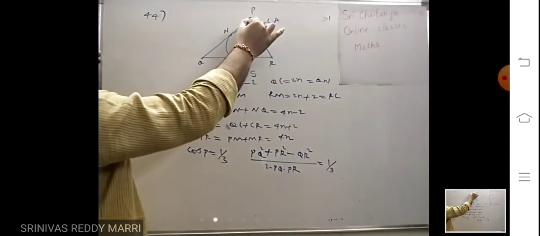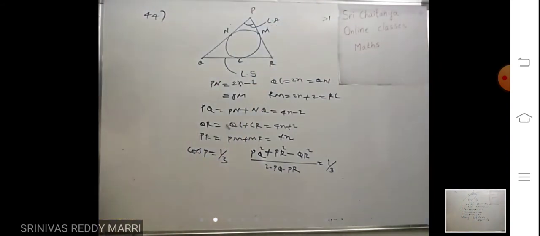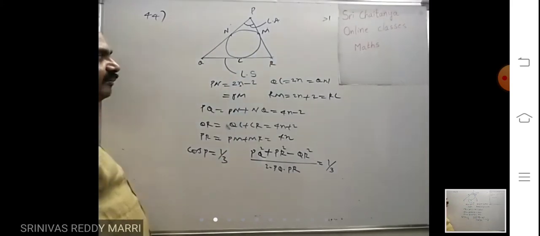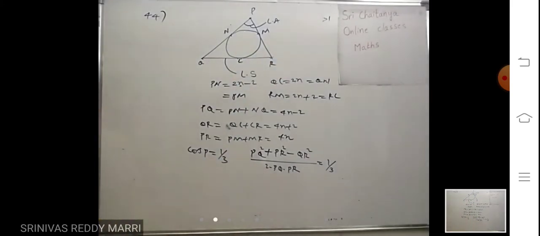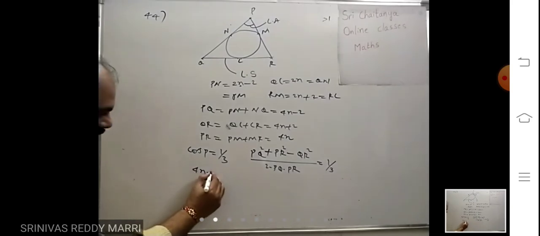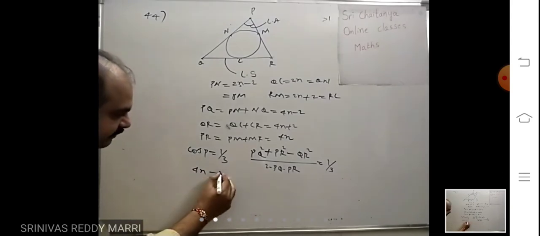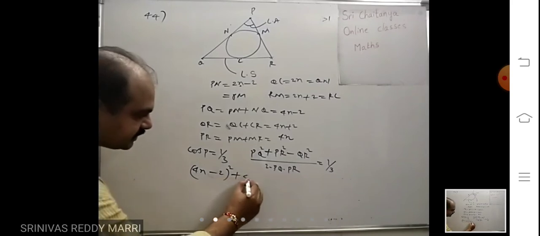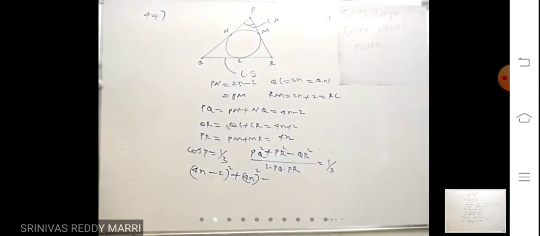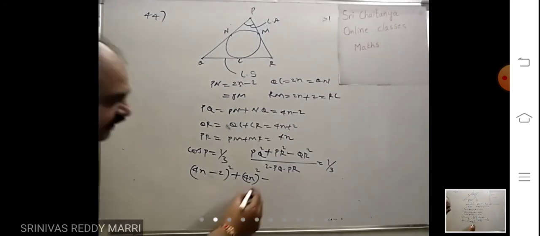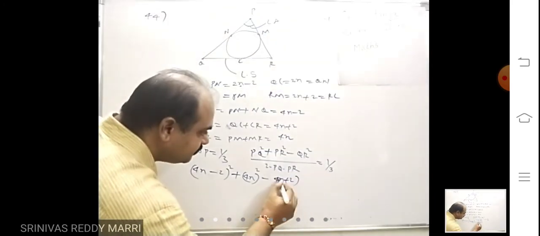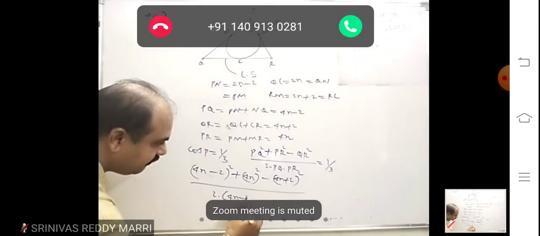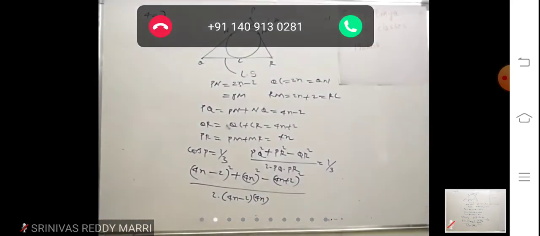PQ square is 4n minus 2 whole square, plus PR square, 4n square, minus QR square, which is 4n plus 2 whole square, divided by 2 into 4n minus 2 into 4n.